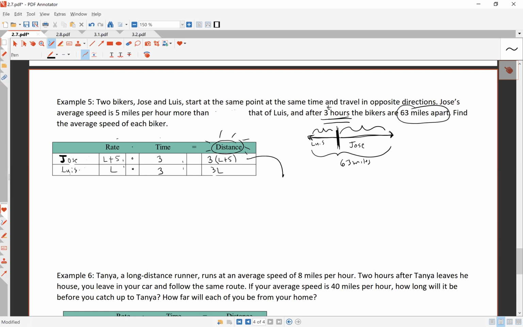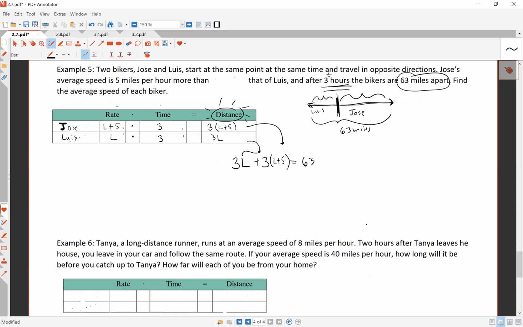So we take these two pieces and we add them up and set it equal to 63 miles apart. Luis's distance is 3L. Jose's is 3 times L plus 5. And that represents their distances being 63 miles apart.